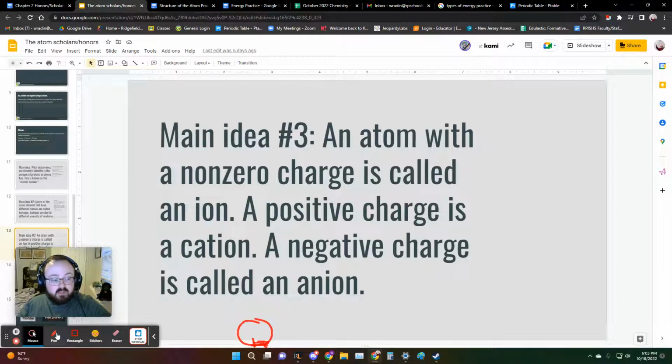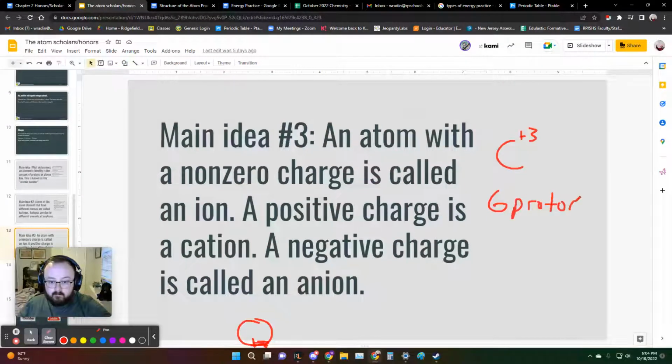You can't change the amount of protons, but you can say, here's an atom of carbon, and I have a charge of +3, let's just say. It still has 6 protons, but if I remember my equation, charge, and I'm going to use C for charge, is equal to the protons minus the electrons.